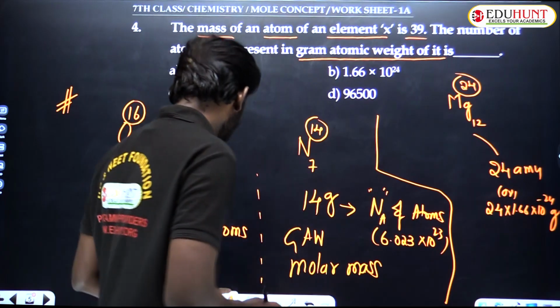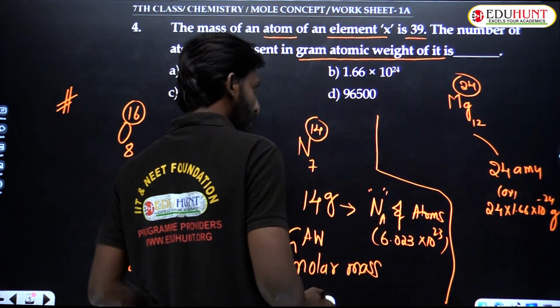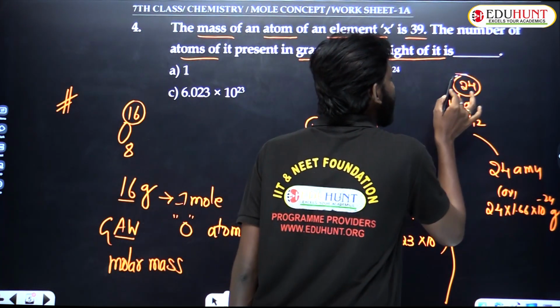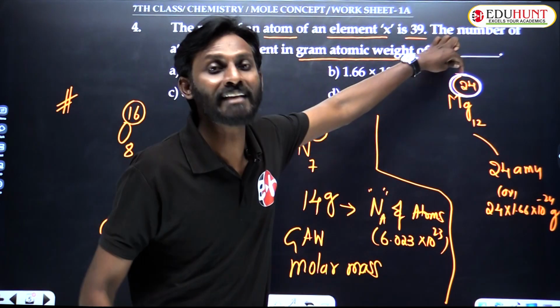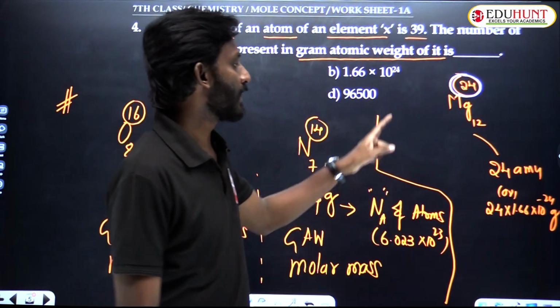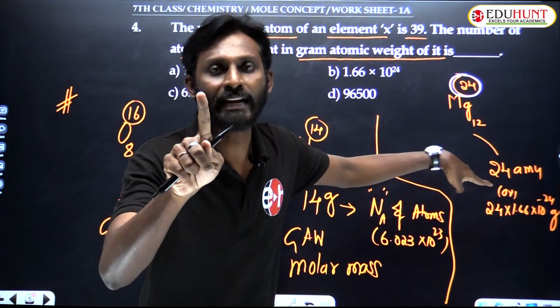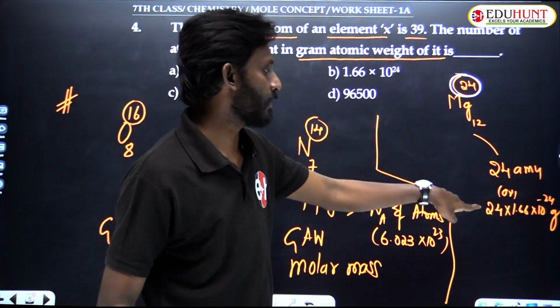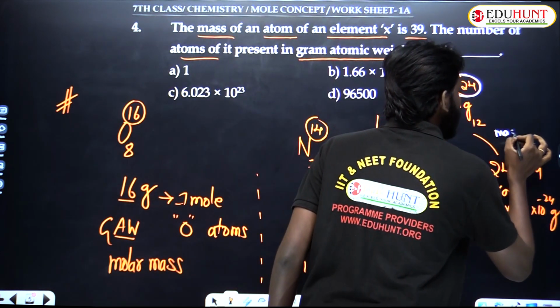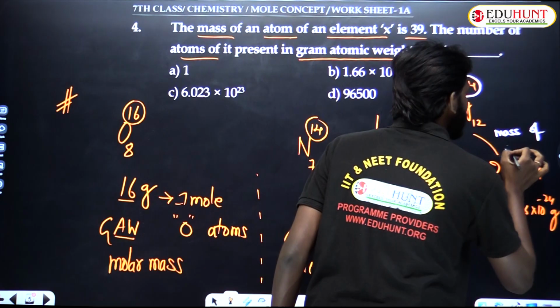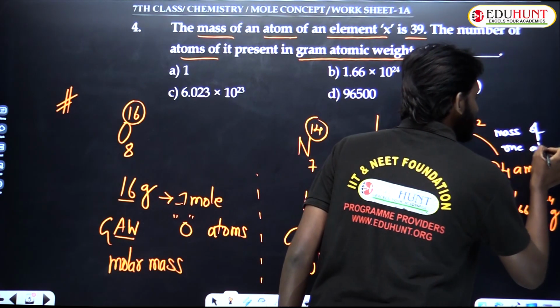What is really important is that by knowing the mass number, you can express the mass of one atom in AMU or in grams like this. This is the mass of one atom.